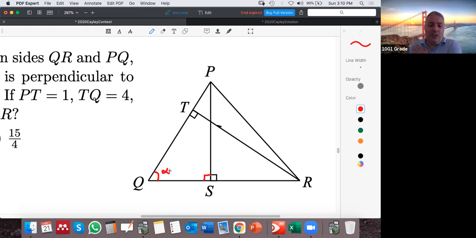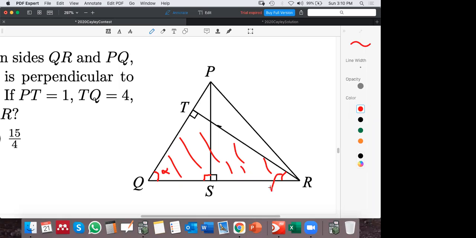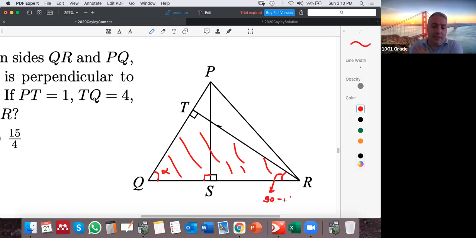Now my question, in this triangle, if this is 90, if this is alpha, I can call this 90 minus alpha. Can I say 90 minus alpha? Why? 90 minus alpha plus 90 will be 180.